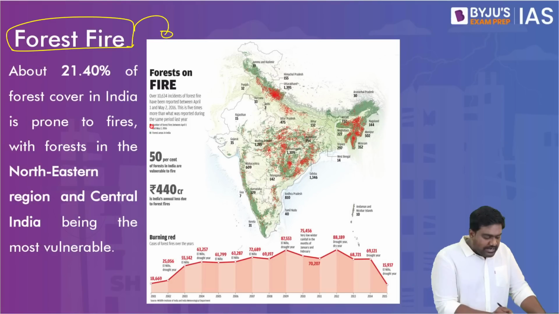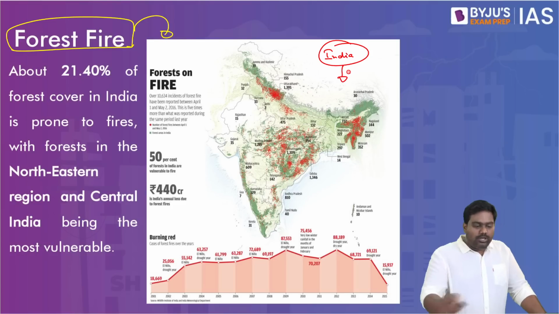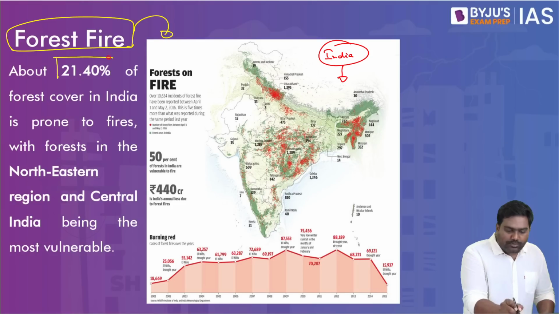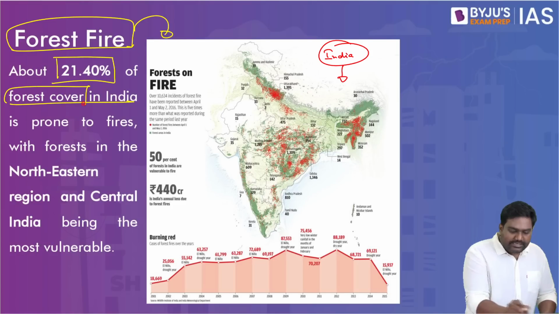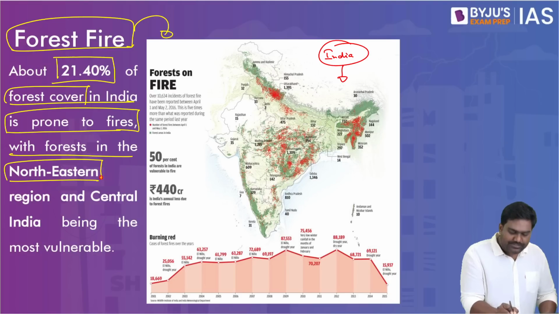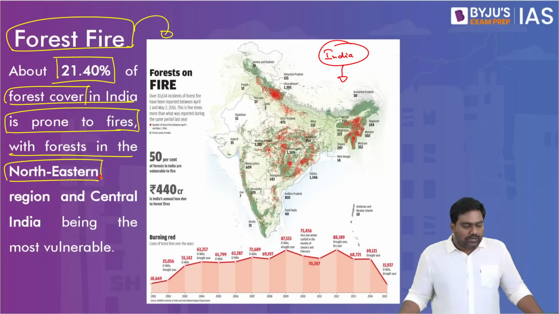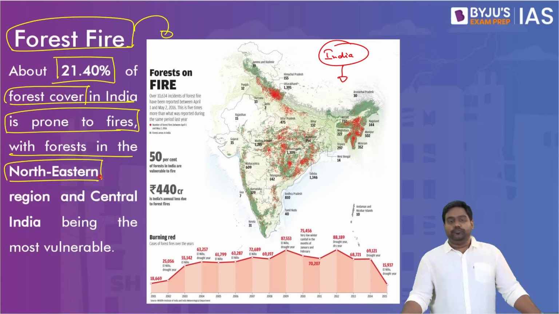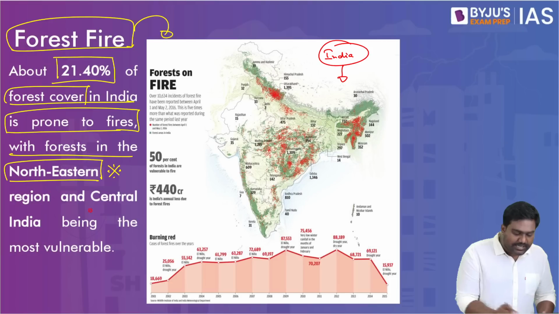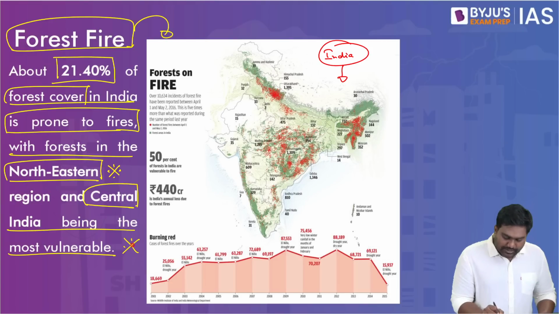So, in the case of India, almost 21.4% of the country is under forest cover, and it's prone to forest fires. Out of the total forest cover we have, nearly 21.4% of that area is highly vulnerable to forest fires, particularly Northeast India and Central India. They are the most vulnerable. They report the most forest fires.